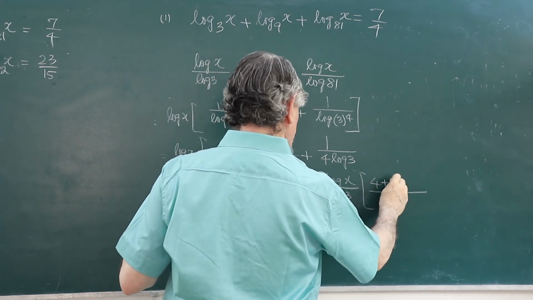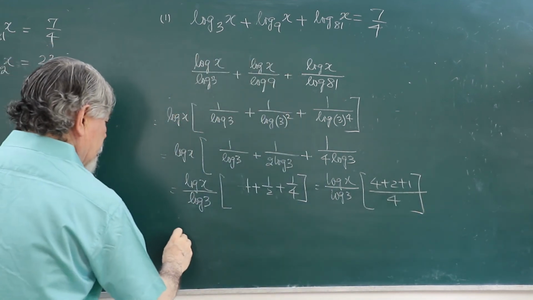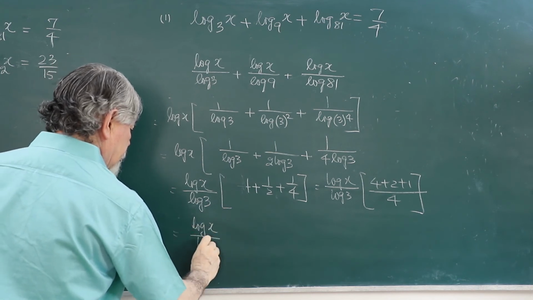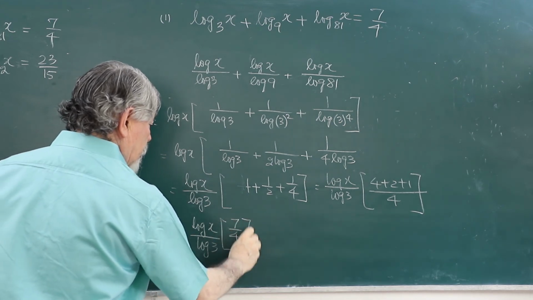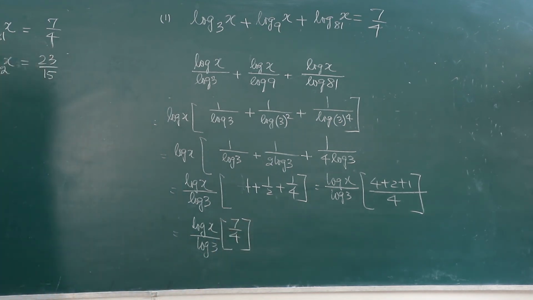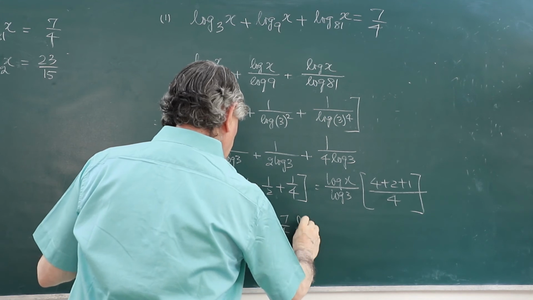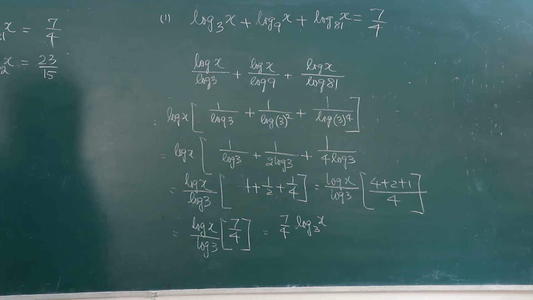So 4 plus 2 plus 1, it is 7 upon 4. Log x upon log 3, and this is 7 upon 4. So what will happen? Okay, 7 upon 4 log x to the base 3 I can write.